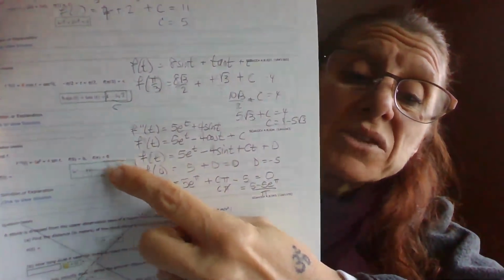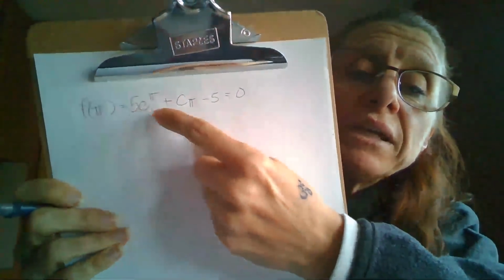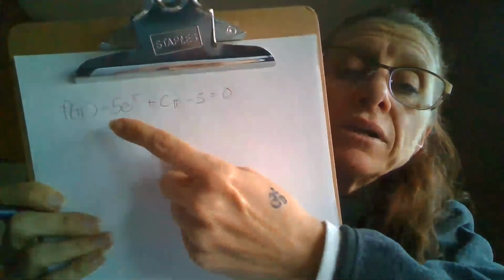Oh, okay. Let me just write this. So when I plug in pi, f of pi is equal to 5e to the pi plus c pi minus 5 is equal to 0, right? Because I'm plugging in from the f of pi is equal to 0. And then I have this line. Then what I'm doing is, if I'm solving for c, first thing I'm going to do is move the 5 over by adding.